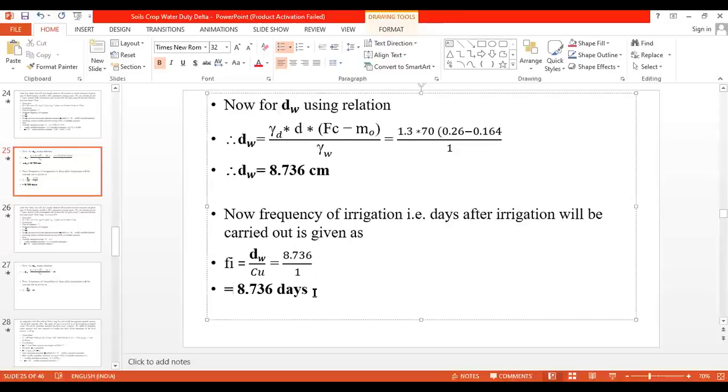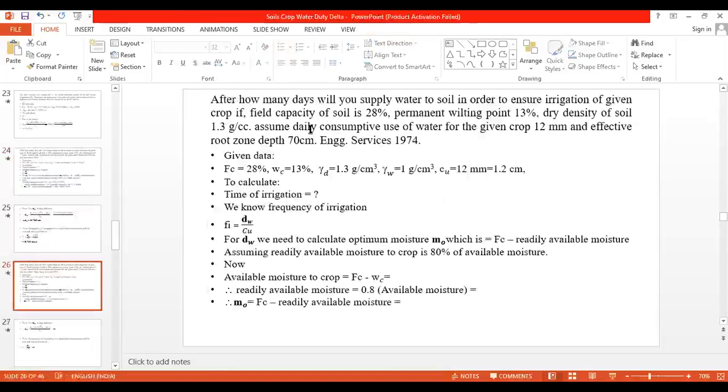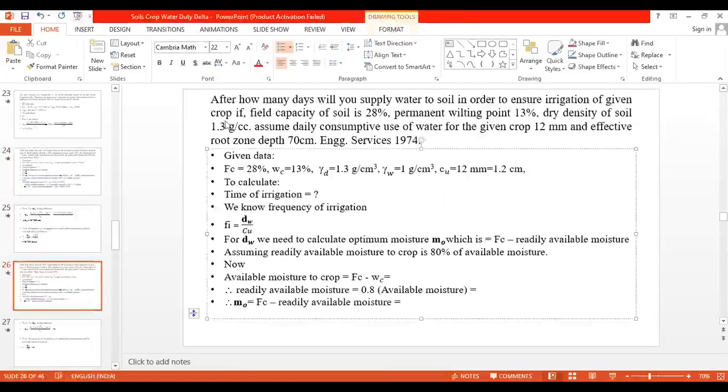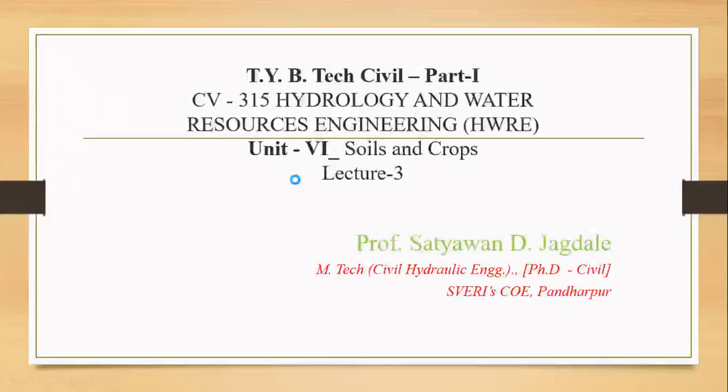So after 8.736 days we will start the irrigation to that field, so that the crop therein will grow in proper conditions. This was asked in the engineering services. After how many days?